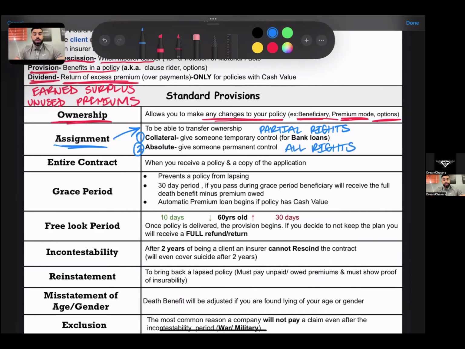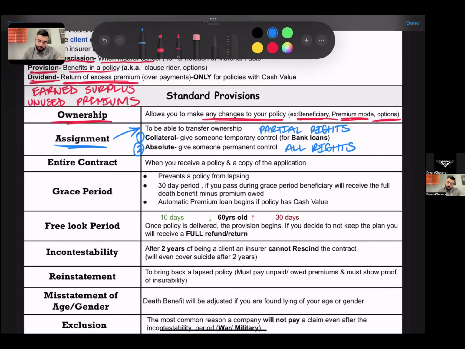I'm going to take over it. I'm going to become the policy owner now." So he gives up absolute assignment of his policy to his wife. His wife is now the owner of the policy, and she's the one that can make any of the changes because now she has full ownership of that policy. That would be an example of absolute assignment, giving up all rights.